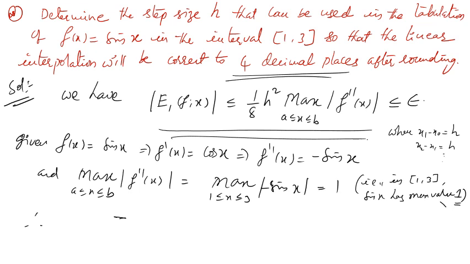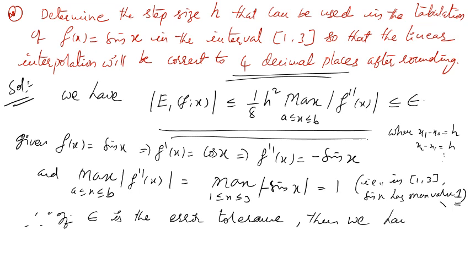Therefore what does the equation become? Therefore, what is the error bound? If epsilon is the error tolerance, then we have h square by 8 times the maximum of f double dash x, for x between 1 and 3, less than or equal to epsilon.